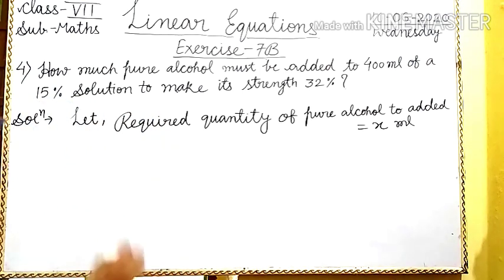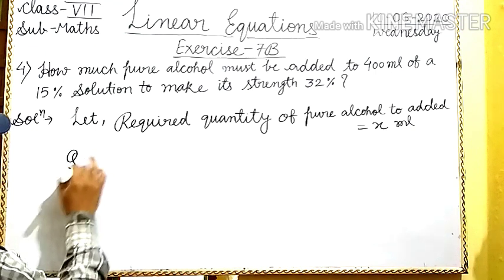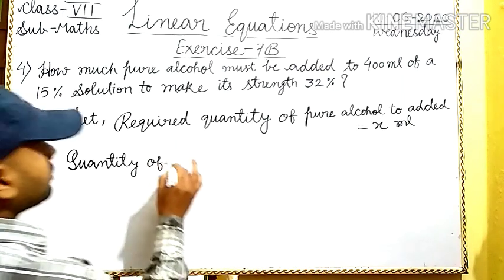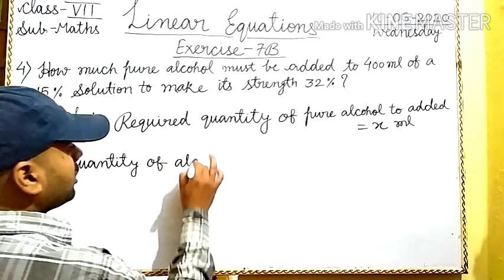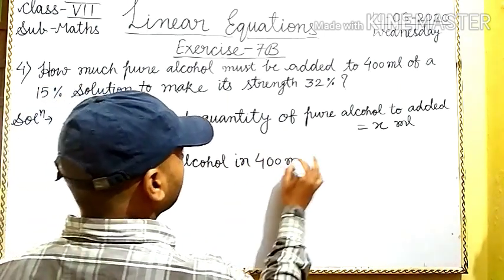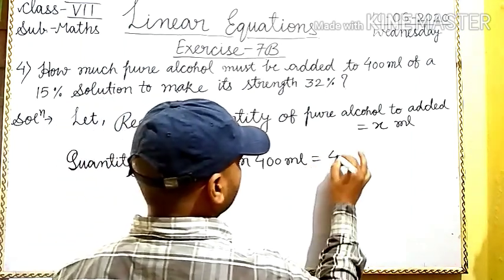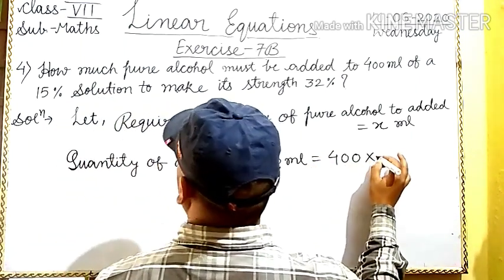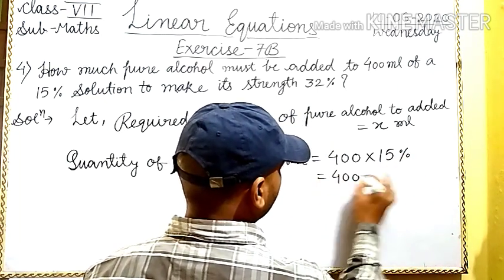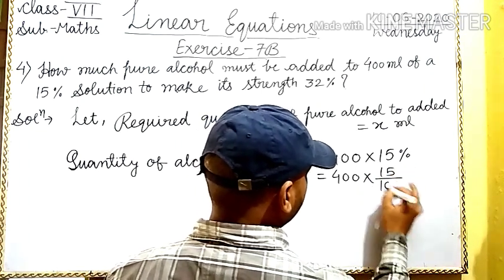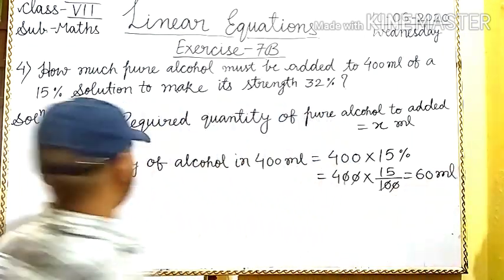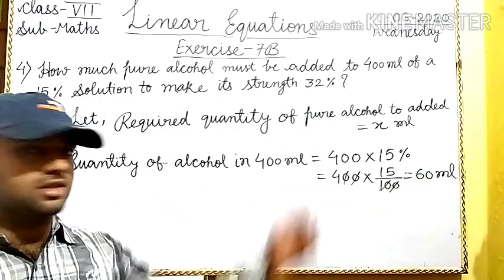No. First we find the quantity of alcohol in 400 ml, which is 400 times 15%. Writing 15% as 15 by 100, we get 60 ml. Quantity of alcohol in 400 ml is 60 ml.